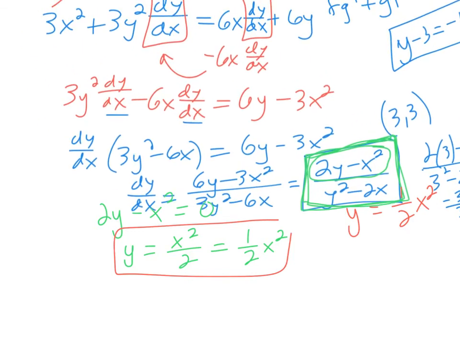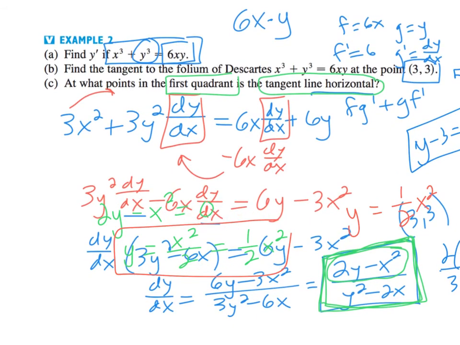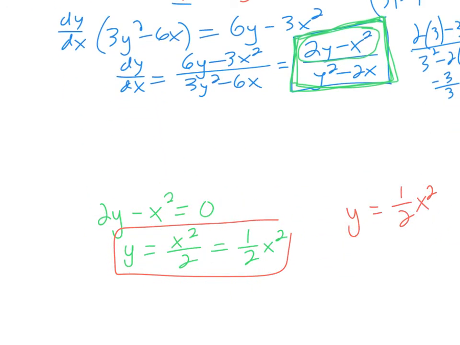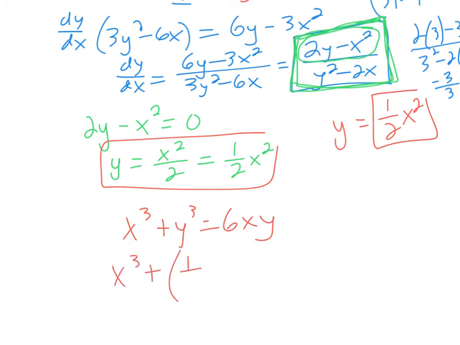If you look back to the original problem, it was x cubed plus y to the third equals 6xy. So if I write that out, x cubed plus y cubed equals 6xy, what I'm going to do is replace all the y with the 1/2 x squared and try to solve for x.